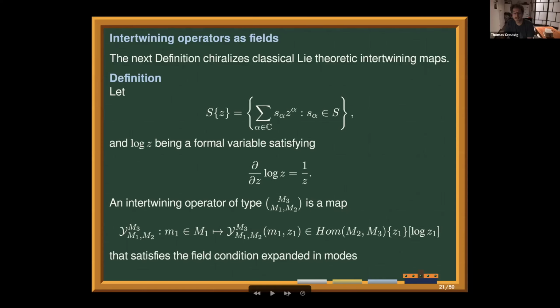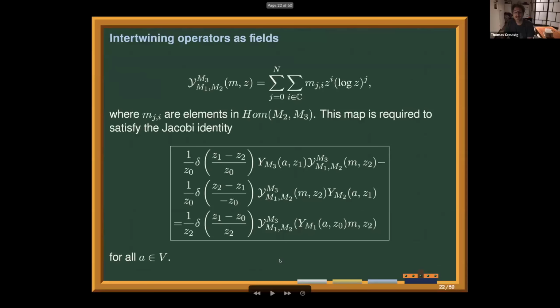These have to satisfy again the analog of the Lie algebra Jacobi identity. So everything is lifting Lie algebra structure, and this formula is in many respects extremely similar to the Lie algebra Jacobi identity, except that this formal delta distribution is floating around all the time.